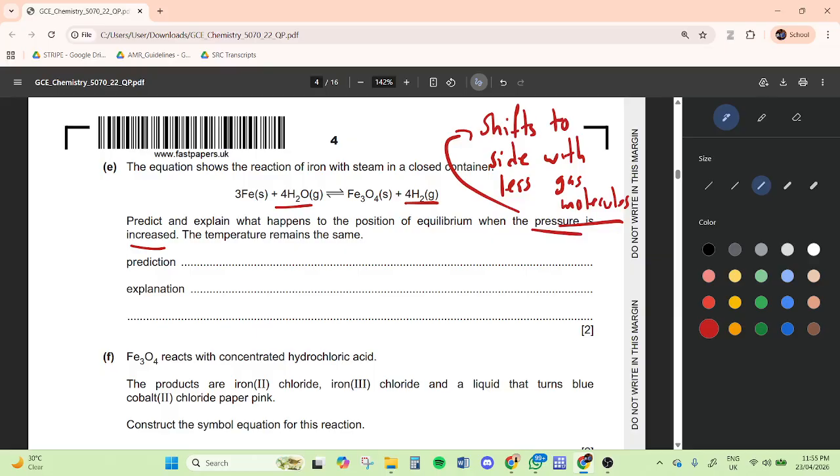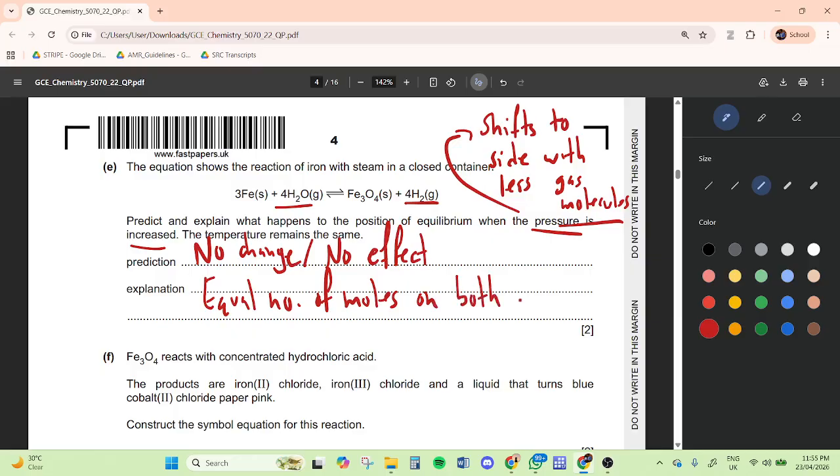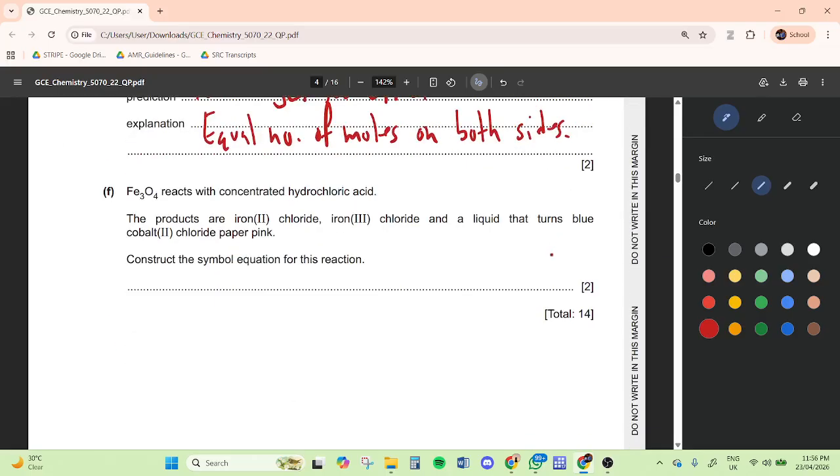So equilibrium is only affected if one side has fewer gas molecules than the other, because that's the direction that equilibrium will shift in. So you're going to write no change or no effect, whichever one you want. And as for your explanation, you're going to write very simply that there's equal number of moles on both sides. All right, very nice.